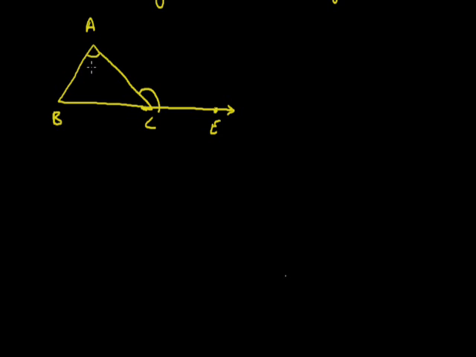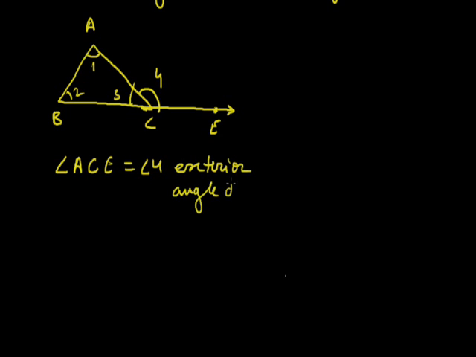Here, if I number the angles 1, 2 and 3, this will be equal to angle 4. So we can write angle ACE is equal to angle 4, which is the exterior angle of triangle ABC.